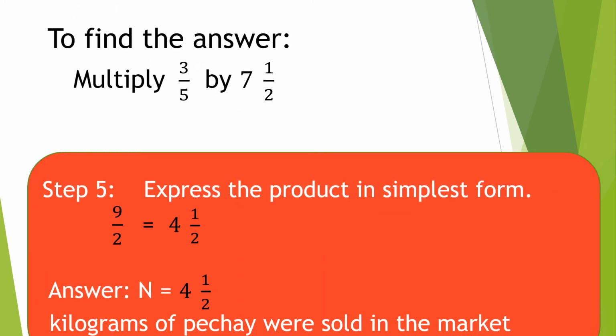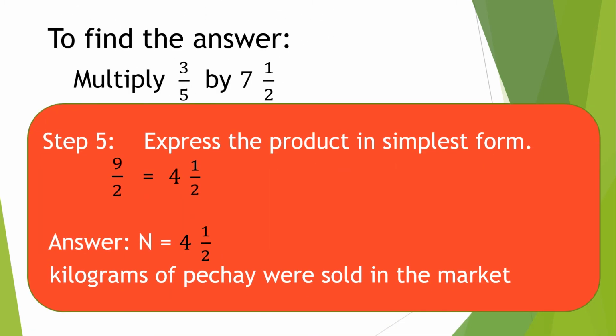So for step 5, express the product in the simplest form. So 9 halves, we will change it into mixed form. So we have 9 divided by 2. So 9 divided by 2 is equal to 4, and that is remainder 1.